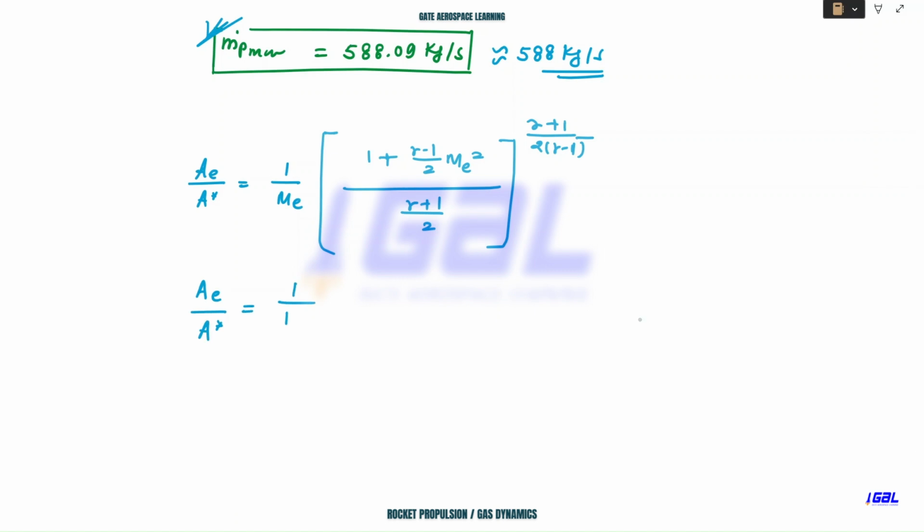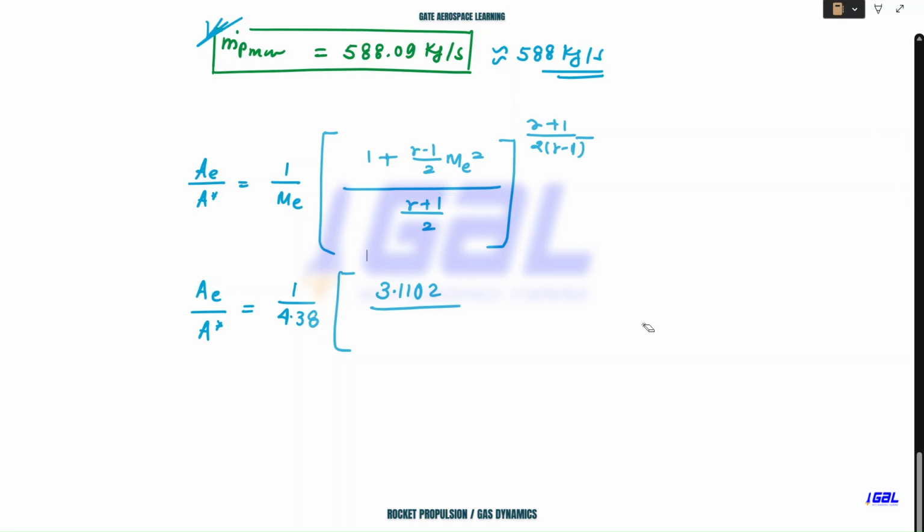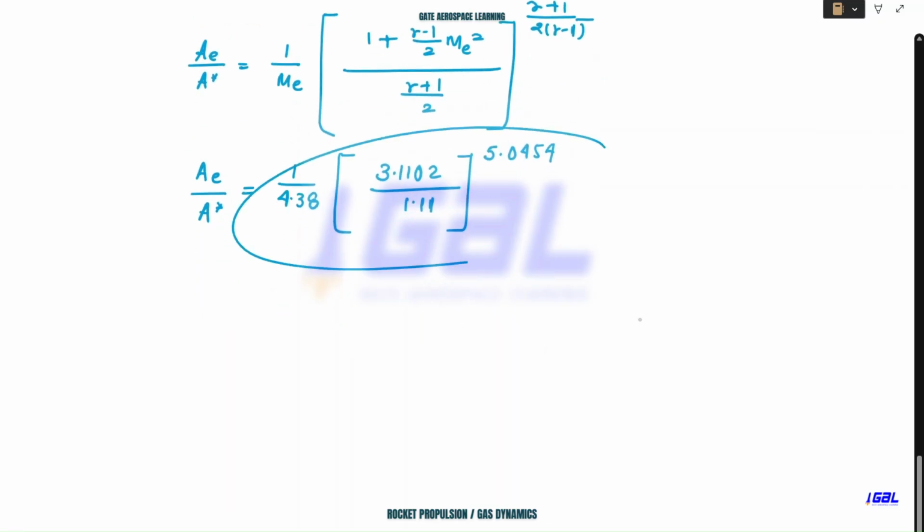is given in this. So the exit Mach number is 4.38, and you solve this numerator, you should be getting 3.1102, and the denominator you solve, you will get 1.11, and this value I got as 5.0454. And now simplify this.